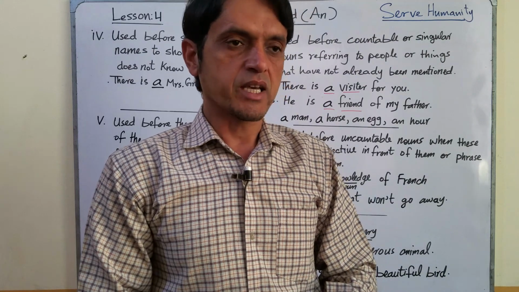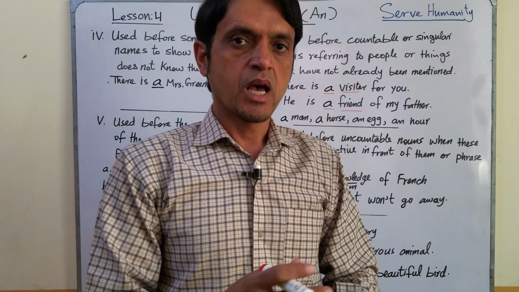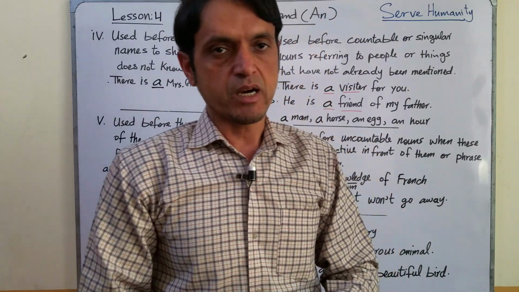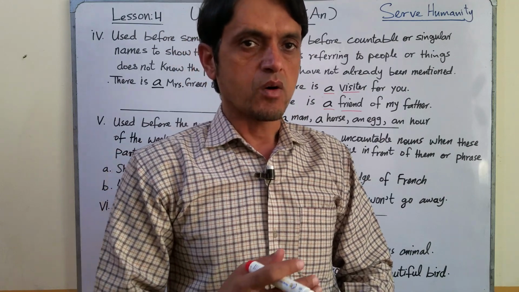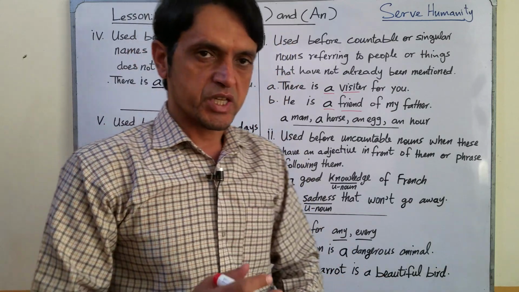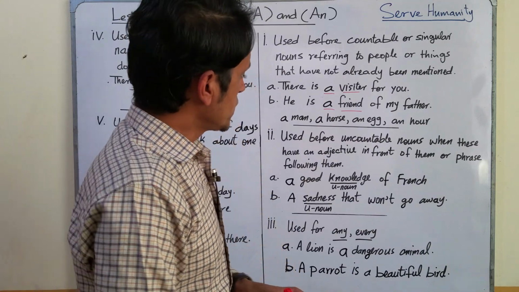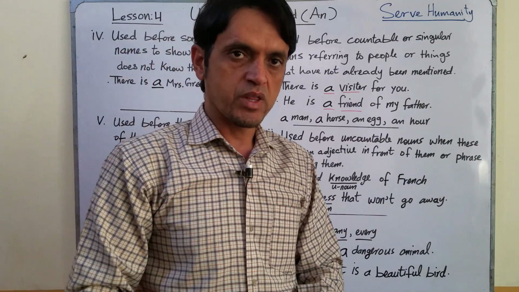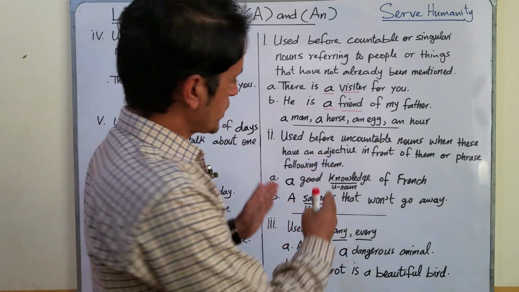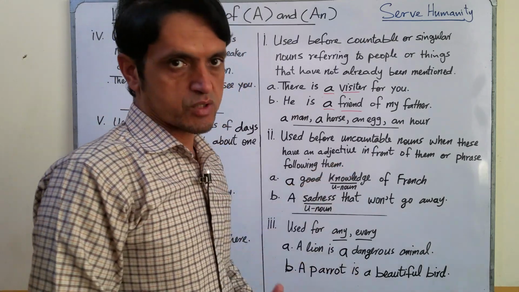Like countable nouns, you can say book, books, pen, pens, house, houses. These are called countable nouns. And uncountable nouns like water or knowledge or idea, these type of things which cannot be counted, so they are called uncountable nouns. Usually we use a and an with countable nouns, but here we have two cases. We can use a and an indefinite articles with these uncountable nouns.